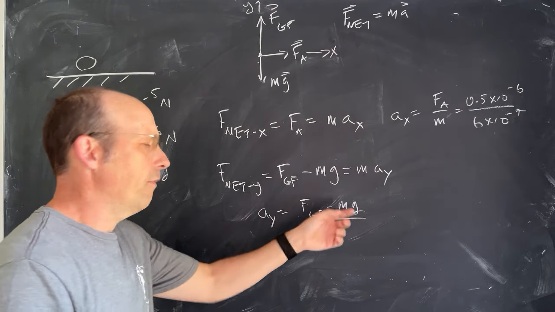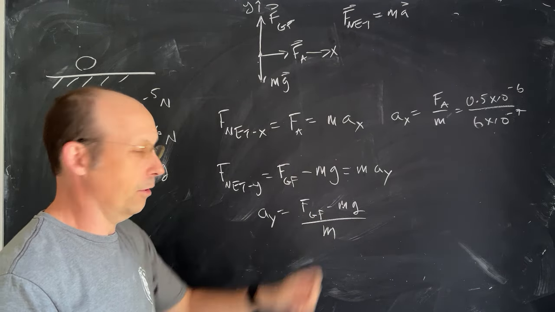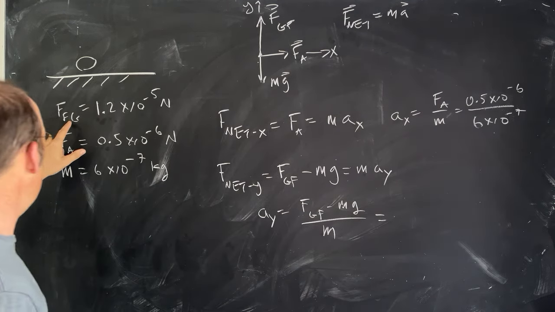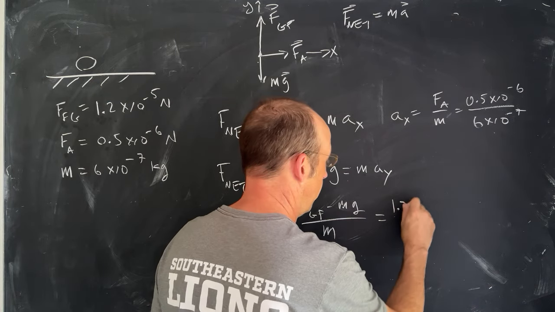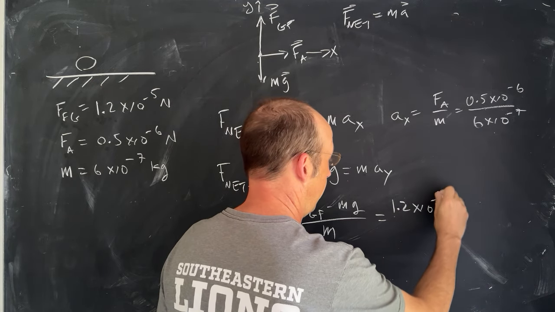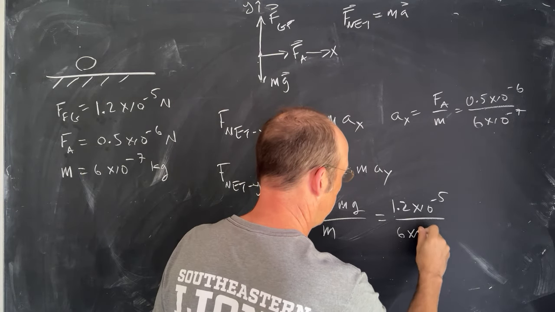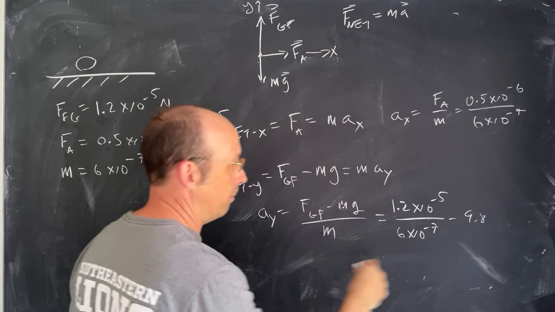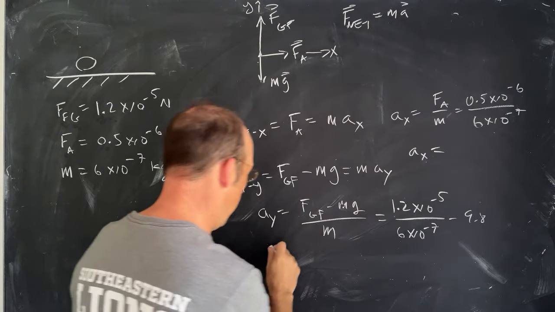Now, you could factor this, and I think I will, because if I write mg over m, that's just going to be g. So this is going to be equal to Fgf, which is that 1.2 times 10 to the negative fifth, divided by the mass, 6 times 10 to the negative seventh, minus 9.8, because I had mg over m. Okay, let's get ax and ay.